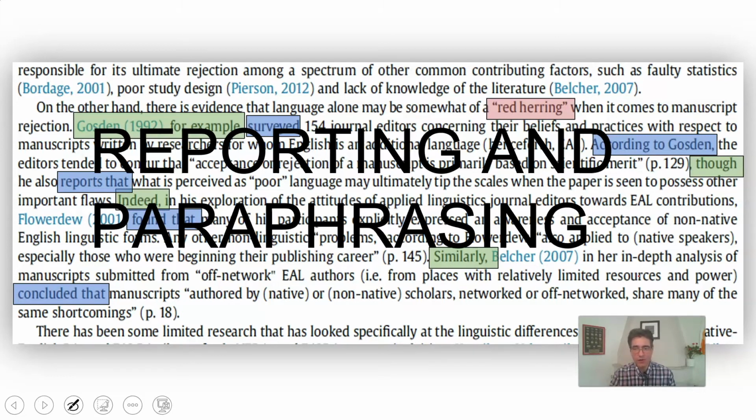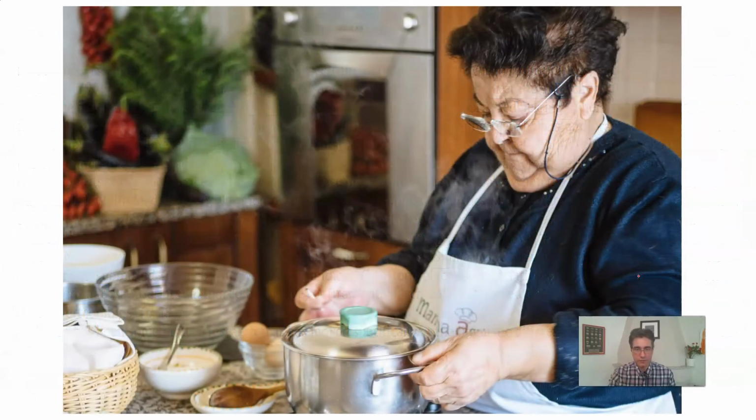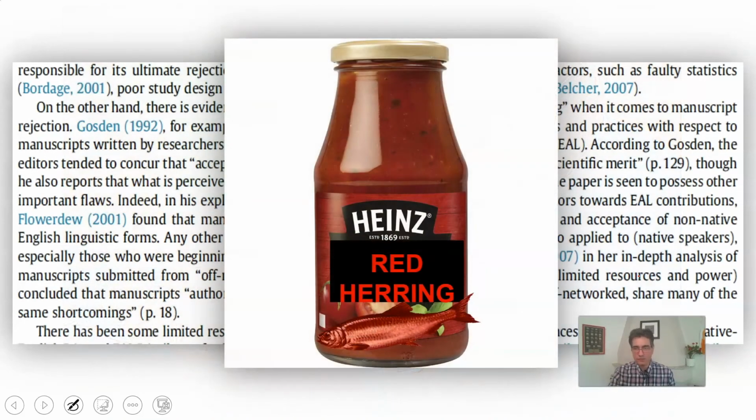You shouldn't try to avoid using sources at all. You should know how to use them to make your own sauce. So my red herring sauce is my own, right? Even though I've used other ingredients to cook it up.